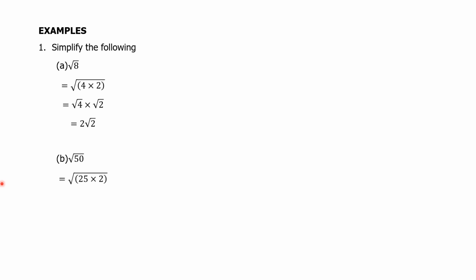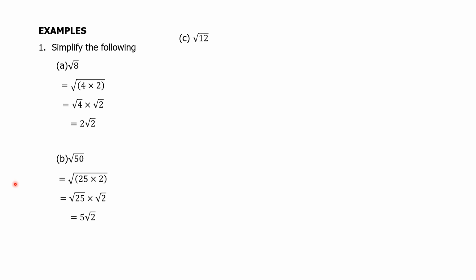Then I substitute it there. So I write the individual product of those square roots, that is root of 25 times root of 2. Then finally I'm going to get the square root of the 25, which is 5, then times the root 2 to have the answer as 5 root 2.